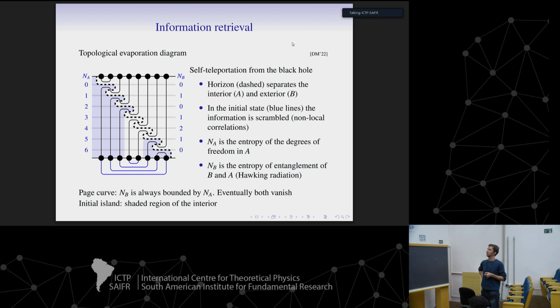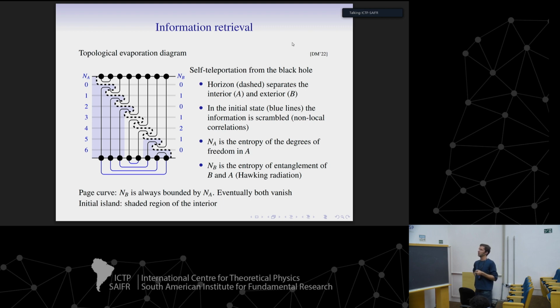Initially this number grows: 0, 1, 2. But then at some point, when this interaction and reconnection happens inside the horizon, these two states become correlated. Quantum teleportation has occurred, let's say, of these two particles to the exterior.